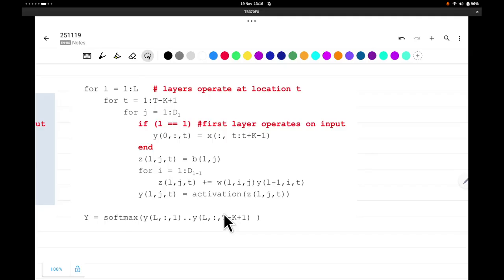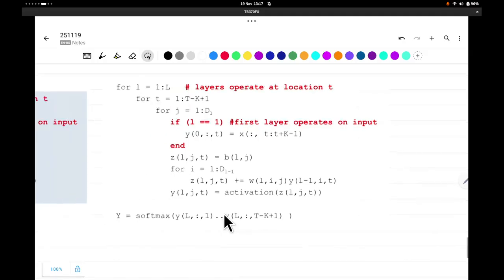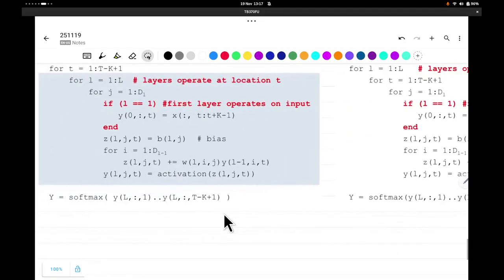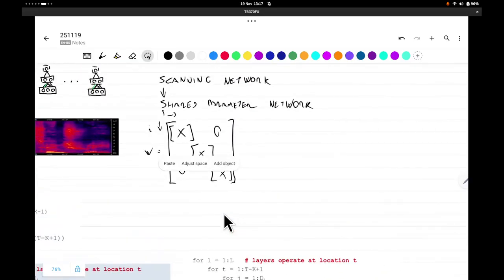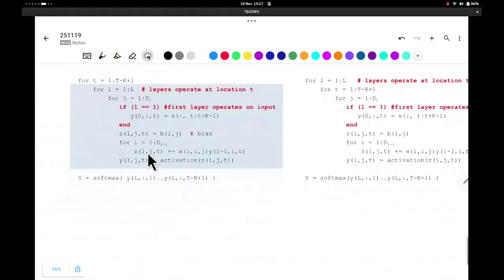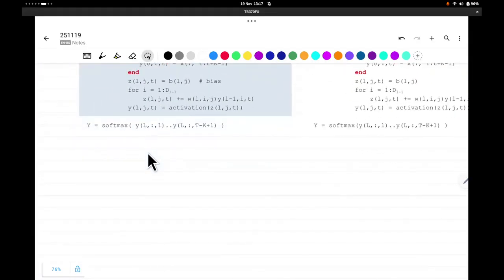And this is one conceptual step before we go to the full convolution. So we have this shared parameter network properly rearranged conceptually and algorithmically.